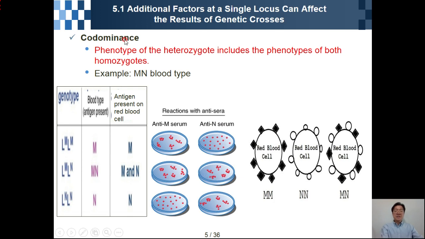Okay, so this is what we call codominance. Once again, the phenotype of the heterozygote includes the phenotype of both homozygotes M and N.